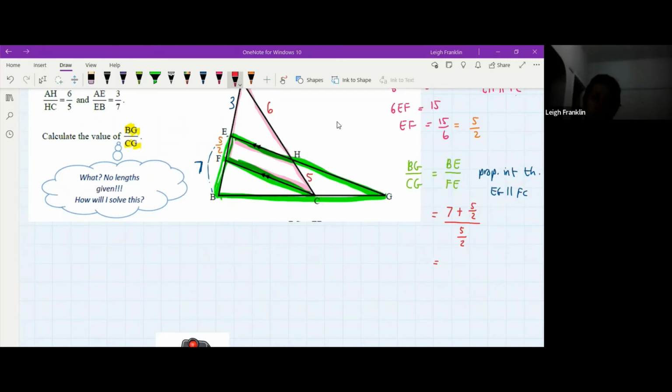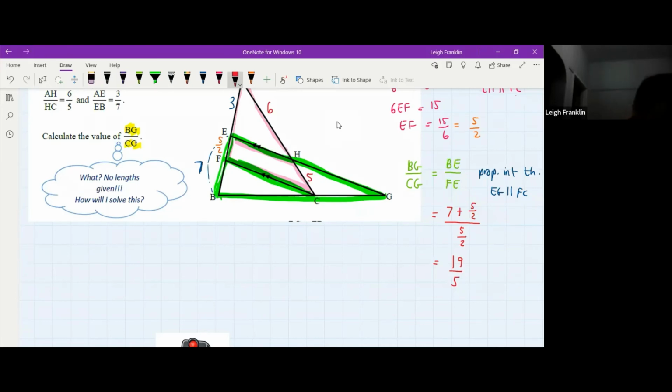BE was 7 plus 5 over 2, and then we've got to divide that by 5 over 2. I got the same thing, 19 over 5. They've asked us what BG over CG is, so we would leave our answer just like that. It is 19 over 5.